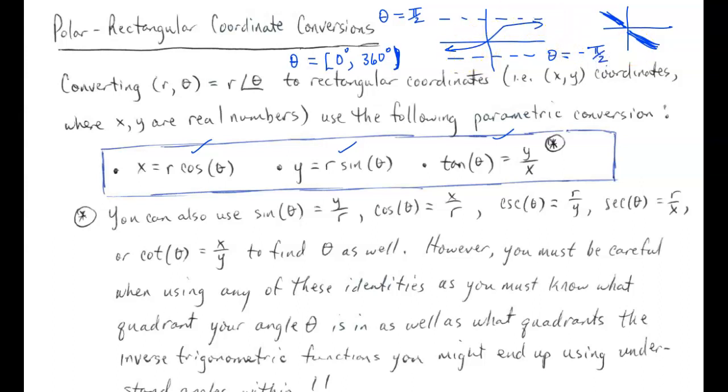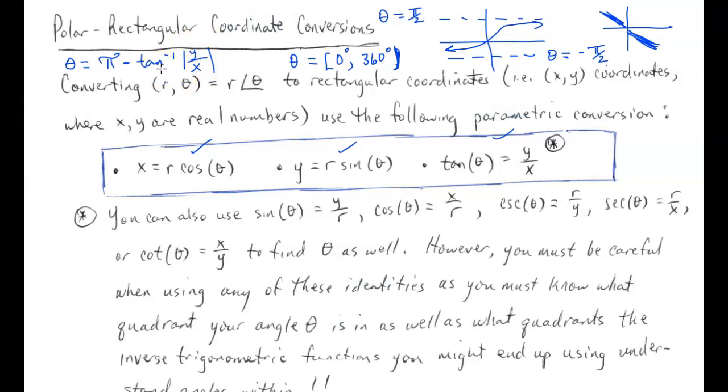So if I had an angle that's in quadrant 2, which is an angle between 90 and 180 degrees, your tangent inverse function doesn't even understand that. So again, that's why we would have to use reference angles here to express an angle in quadrant 2. If I did that, that angle in quadrant 2 would look something like, and I'm going to do this in radians, pi minus tangent inverse of the absolute value of y over x.